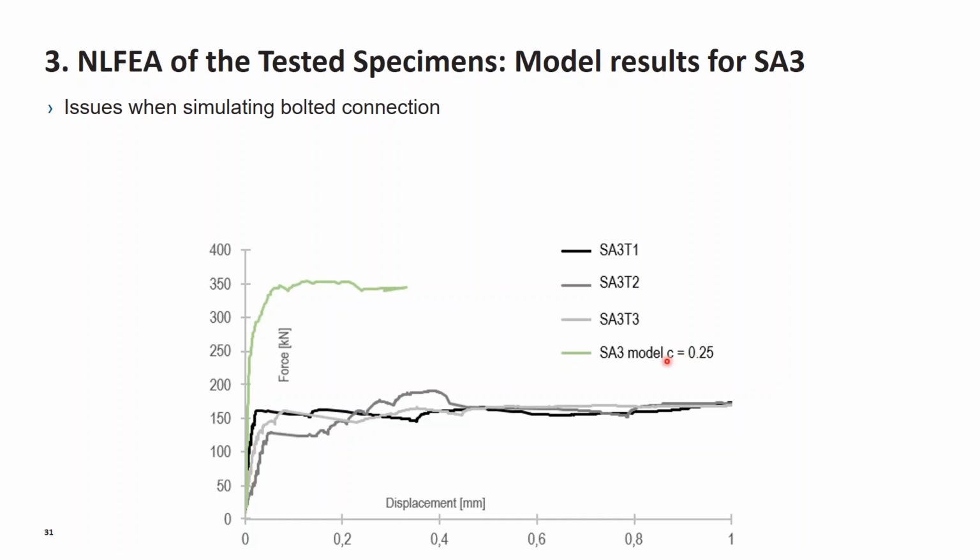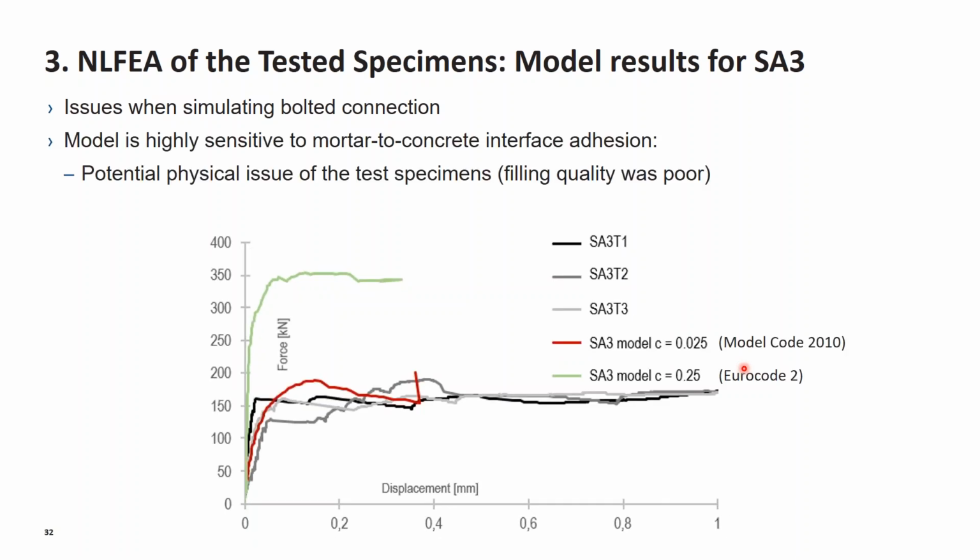By considering a smaller adhesion or cohesion, as it's described in Diana, factor or strength, I was able to capture the results. And I didn't mention in the presentation, but it is discussed in the thesis.